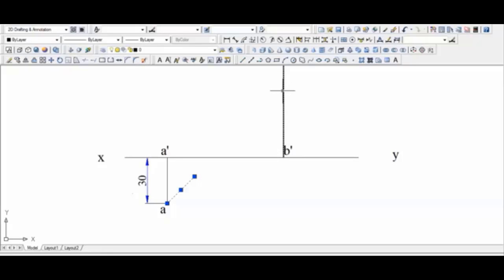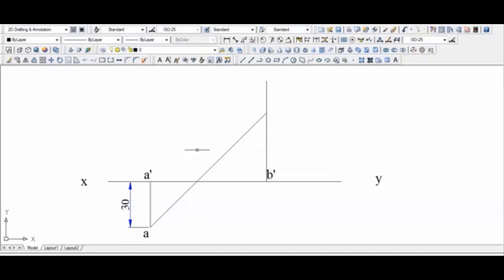So let us do this quickly. That's exactly the position of point B. Now let us name it B. And that's it, folks.